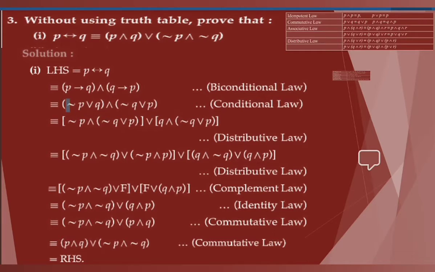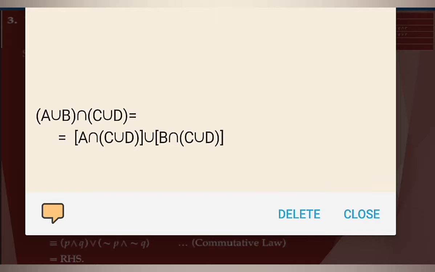Now again, we use the distributive law in this statement. Distributive law: with four statements A, B, C, D, we write A union B intersection (C union D) equal to (A intersection C) union (A intersection D), second bracket intersection with A, union, next bracket B intersection with (C union D).